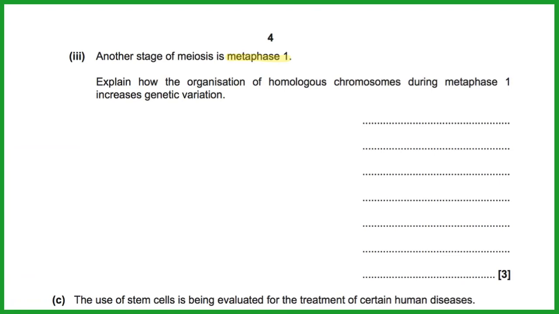Now, explain means go into quite a lot of detail and refer specifically to how the homologous chromosomes are organised and how that increases genetic variation. So what is the consequence of the independent assortment of the homologous chromosomes?